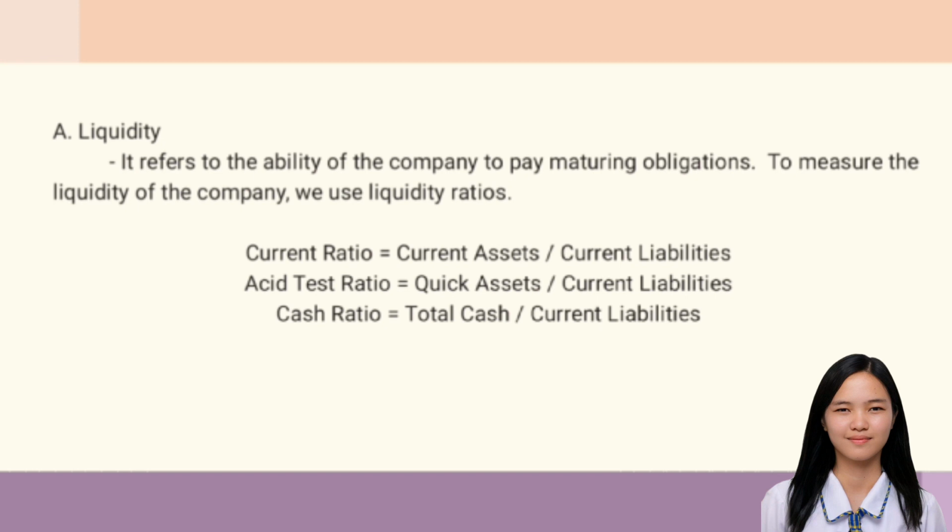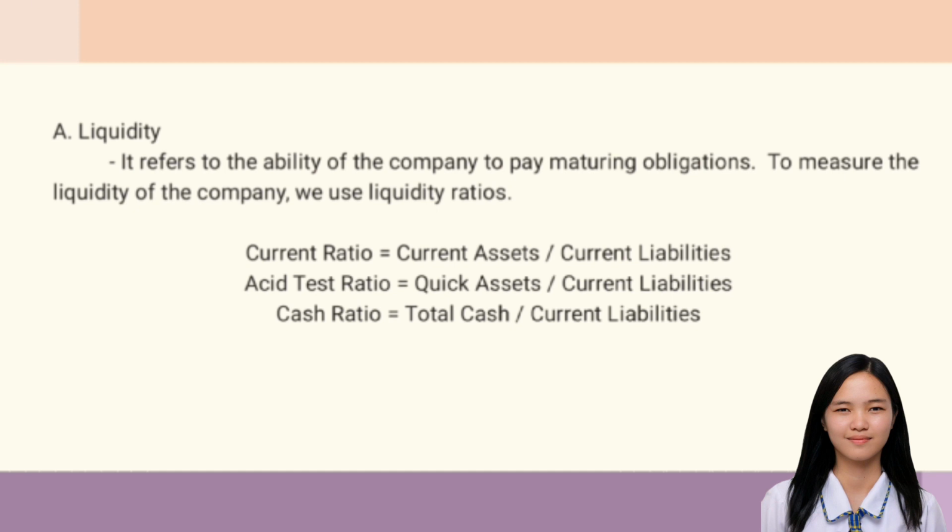So, ang pinag-uusapan po natin sa liquidity is, kaya bang magbayad ng company ng kanilang mga current liabilities gamit ang kanilang current assets? So, in liquidity, ang titingnan na natin ay ang items related to the company's current assets versus their current liabilities.